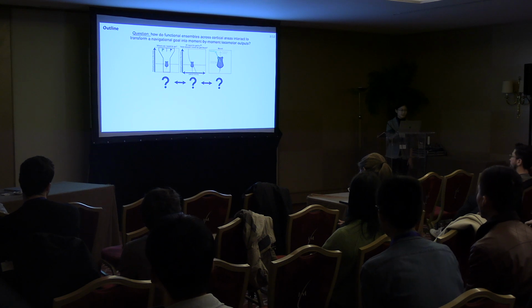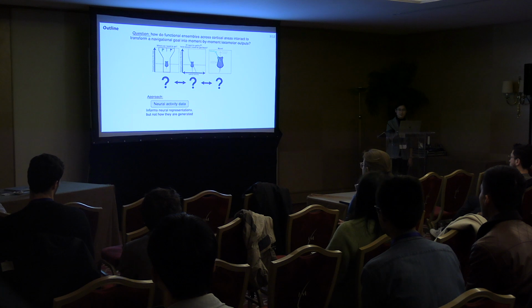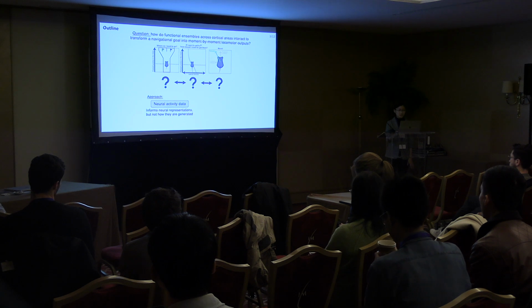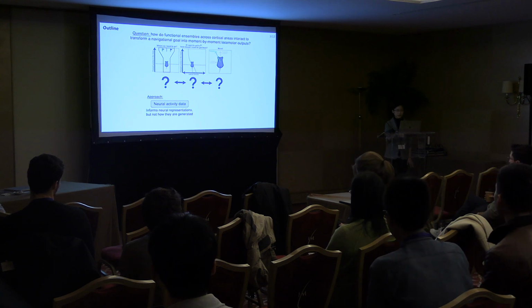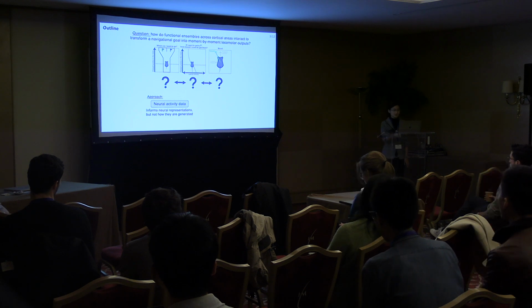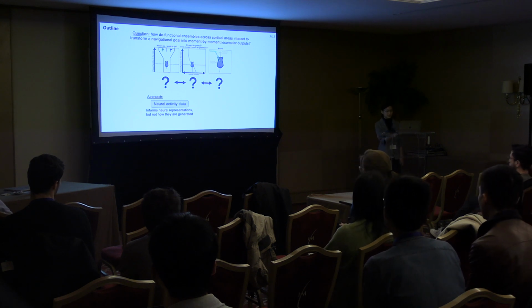In mouse work, we will typically start by recording the neural activity data as the animal is performing the task. From these neural recordings, we will be able to infer the neural representations, for example, which task variables the neurons care about. But the problem is we're not able to know how the neural representations are generated.